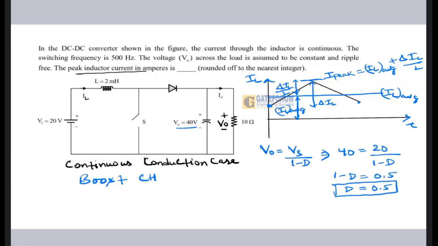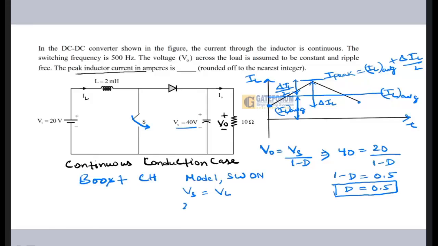Next thing is to calculate the value of delta IL. Now I know that when the switch is on, my current will flow like this, going through the inductor and then through the switch. If I apply KVL in this particular loop, my Vs will be equal to VL.